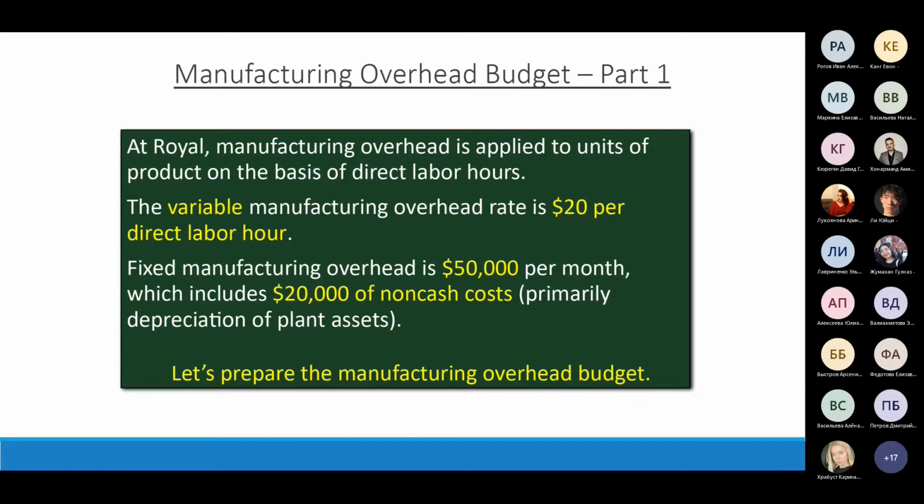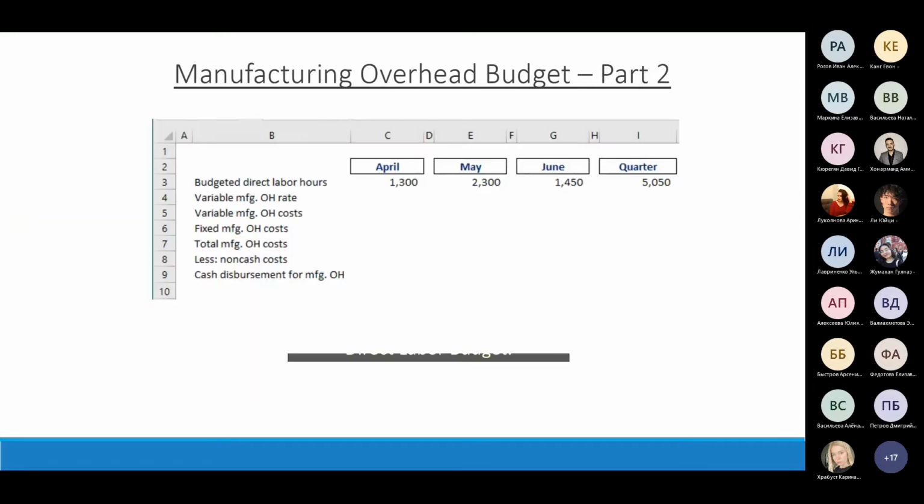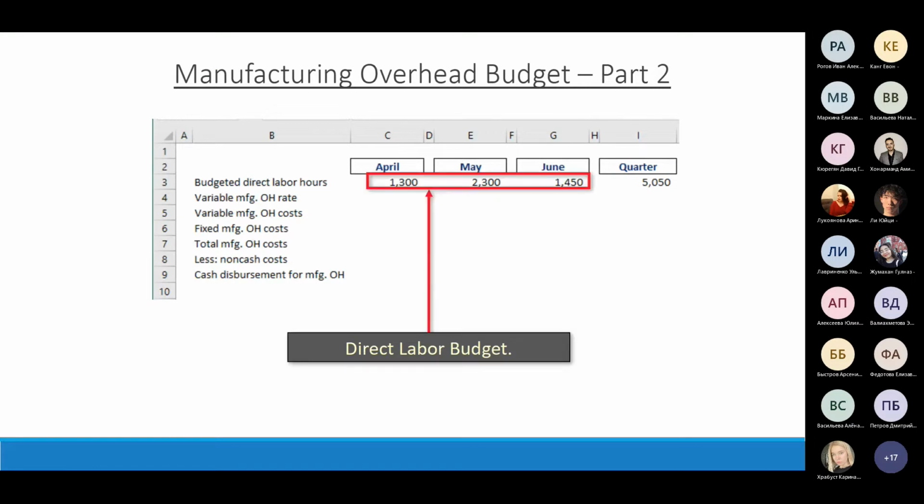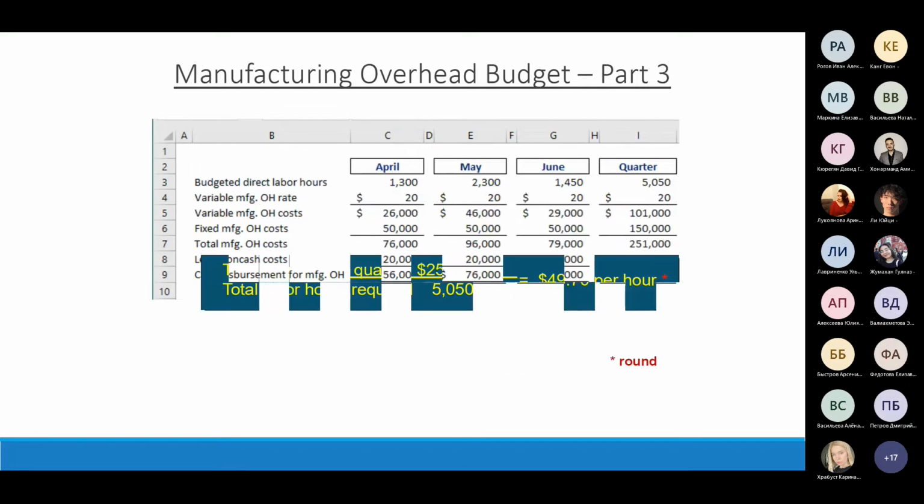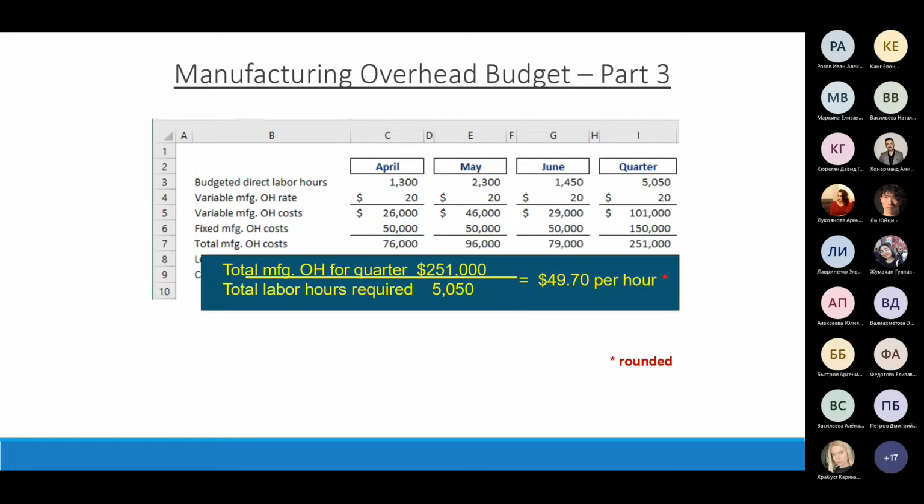And the overhead budget, therefore, will be calculated as direct labor hours taken from the labor budget multiplied by the variable manufacturing overhead rate.